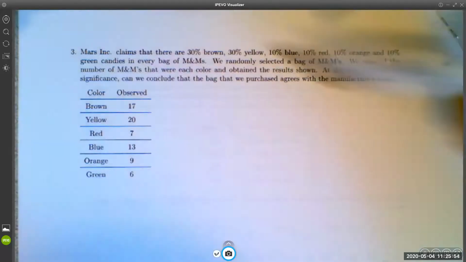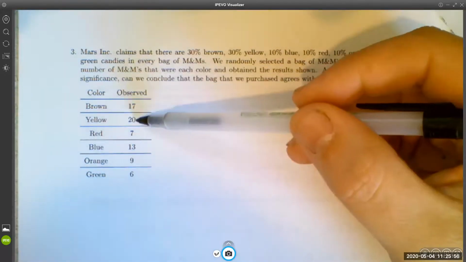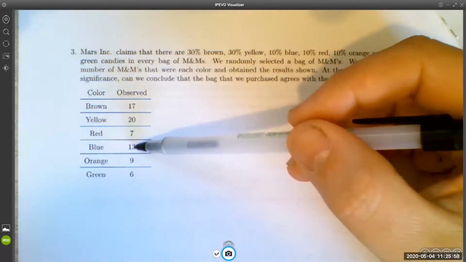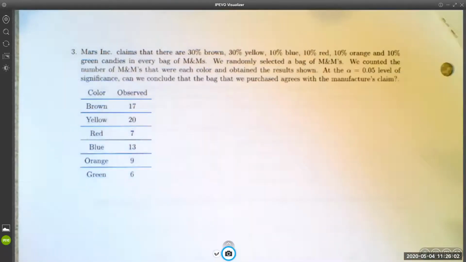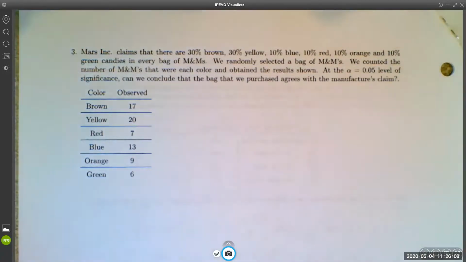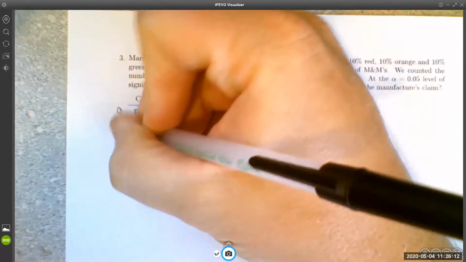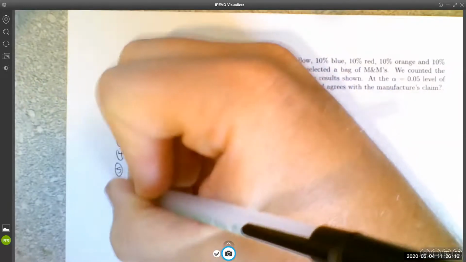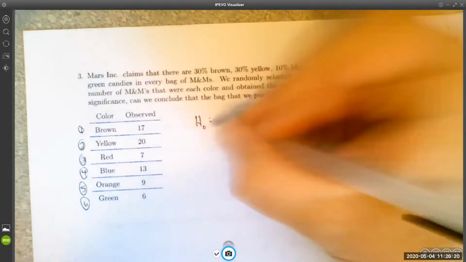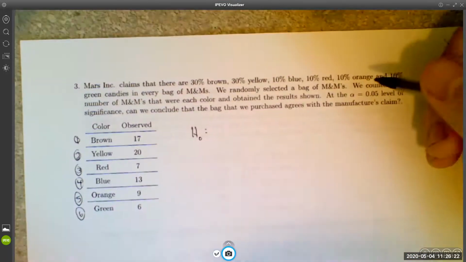If they do agree, then we would expect 30%, 30%, and then 10%, 10%, 10%, 10%. And I have my doubts. I think we're going to be rejecting the null hypothesis here, but let's see. So this time we've got 6 colors that we're testing. The null hypothesis is that the proportions are exactly what Mars claims they are.